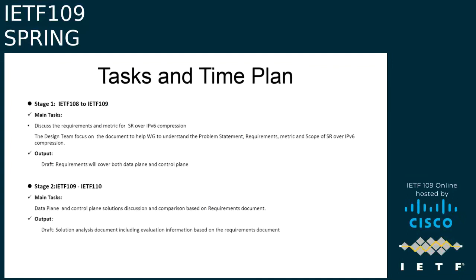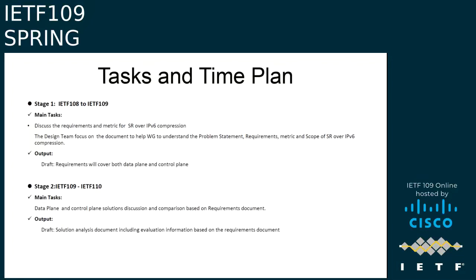So for the timeline, I think currently the design team has a two-stage plan. The first stage is during IETF 108 to IETF 109, and we hope to output a requirement draft.